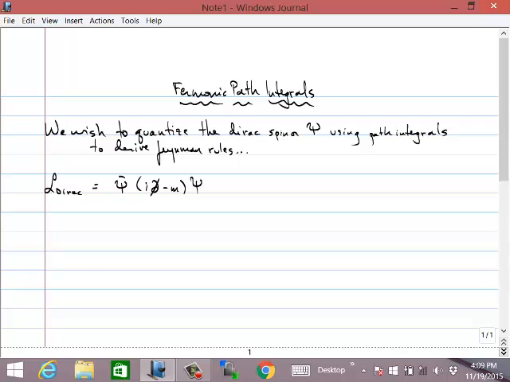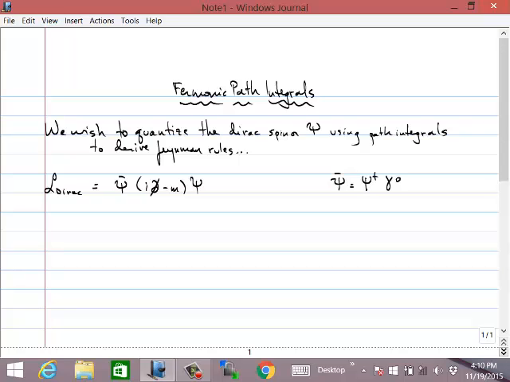So remember that the free Dirac theory is described by a Lagrangian, which is quadratic in psi, where psi is a 4-component spinor. Psi bar here is almost but not quite the Hermitian conjugate of psi, because we have to insert a gamma 0 here.